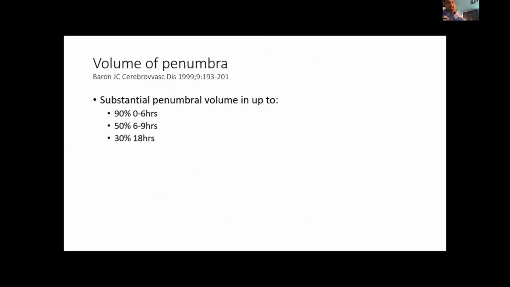And so we know that the penumbra that we're all trying to save with IV TPA actually stays alive for a lot longer than we think. 30% of penumbra is still survivable at 18 hours. So whilst we've got the window at the moment of 0 to 4.5, you can see that 50% are still open. You've still got a potential of saving susceptible tissue at that point in time.